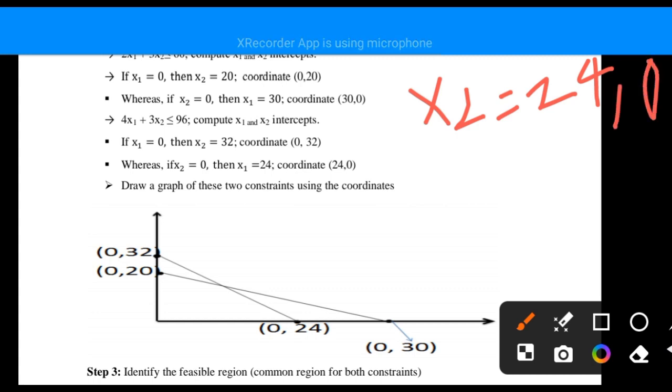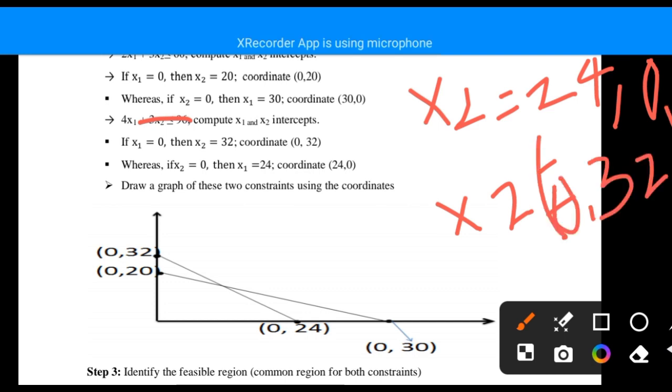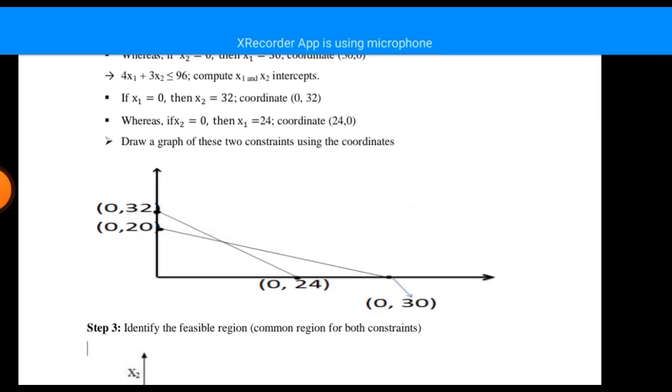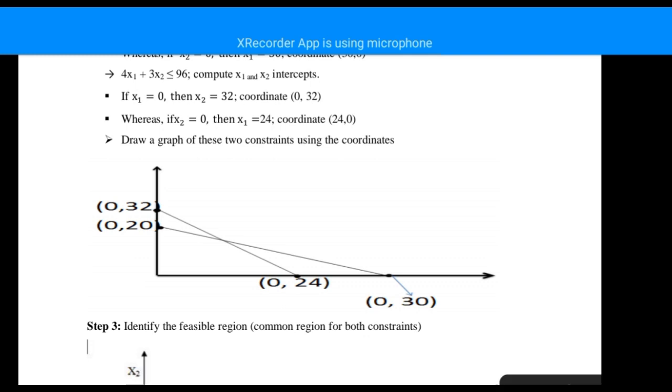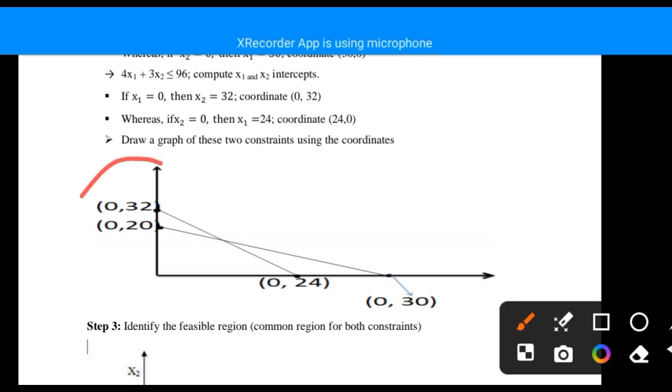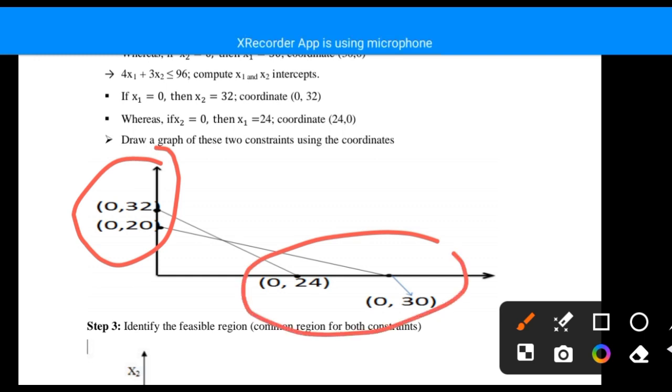When x1 is 0, x2 is 96 divided by 3, is 32. Then we put them on the graph, we place them here.